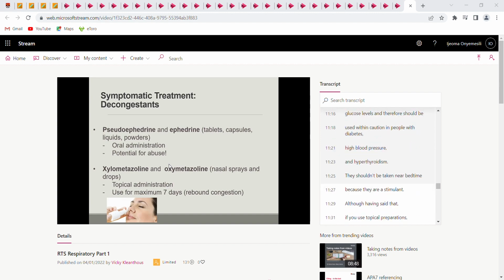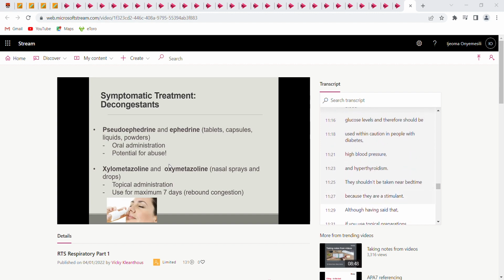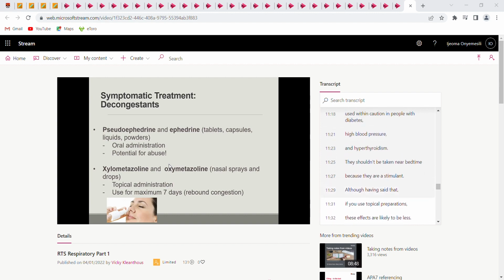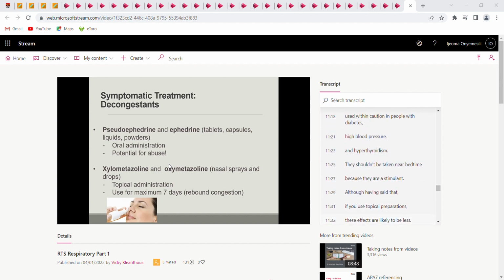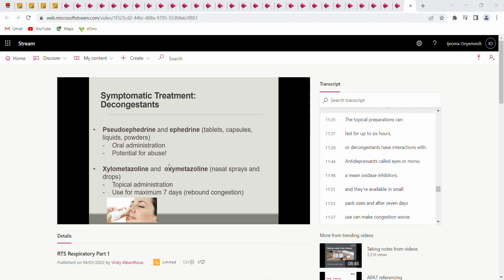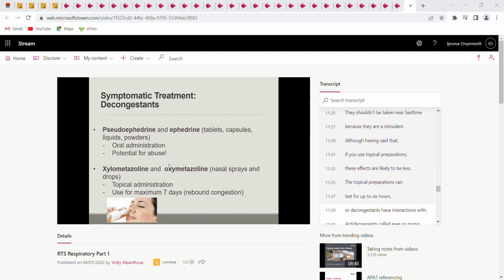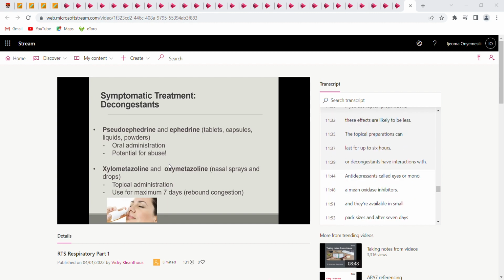They shouldn't be taken near bedtime because they are a stimulant, although having said that, if you use topical preparations, these effects are likely to be less. The topical preparations can last for up to 6 hours. All decongestants have interactions with some antidepressants called MAOIs, or monoamine oxidase inhibitors.